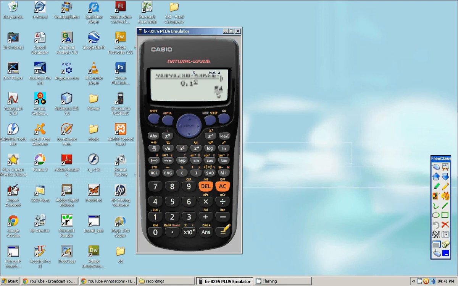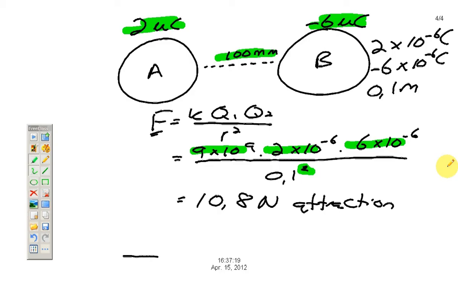Let's hope that I've got everything right, and it looks right. So it's 10,8 newtons of attraction, because if I left that as a minus there, I would have had an answer with a minus, and that should tell us that it's a force of attraction.